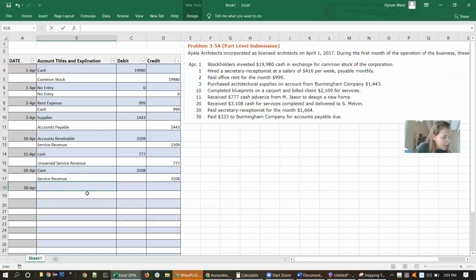We don't have to write the whole thing out. Salaries and wages expense would be a debit because our cash is down.